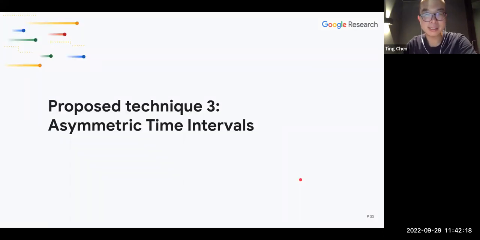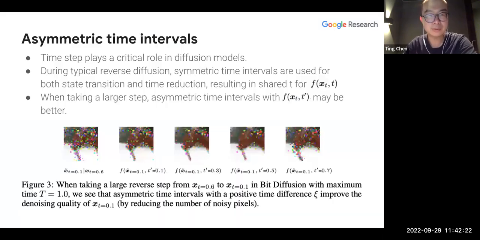Okay, so the final technique we propose in this work is asymmetric time interval. As you might know, the time step plays a critical role in diffusion models. During the typical reverse diffusion process, symmetric time intervals are used for both state transition and time reduction.